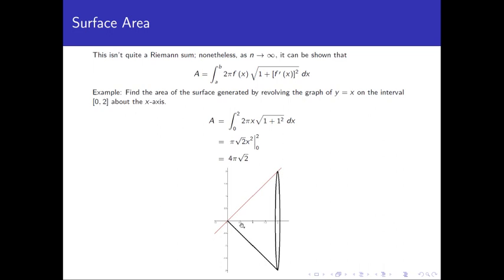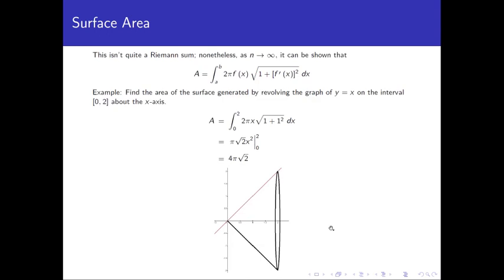Well, if this length is 2 and this length is 2 this way, we get a 45, 45, 90 triangle, which makes the slant height 2 times the square root of 2. So pi times r times L is pi times 2 root 2, which gives you 4 pi root 2. So we really do get the same answer in this particular case.